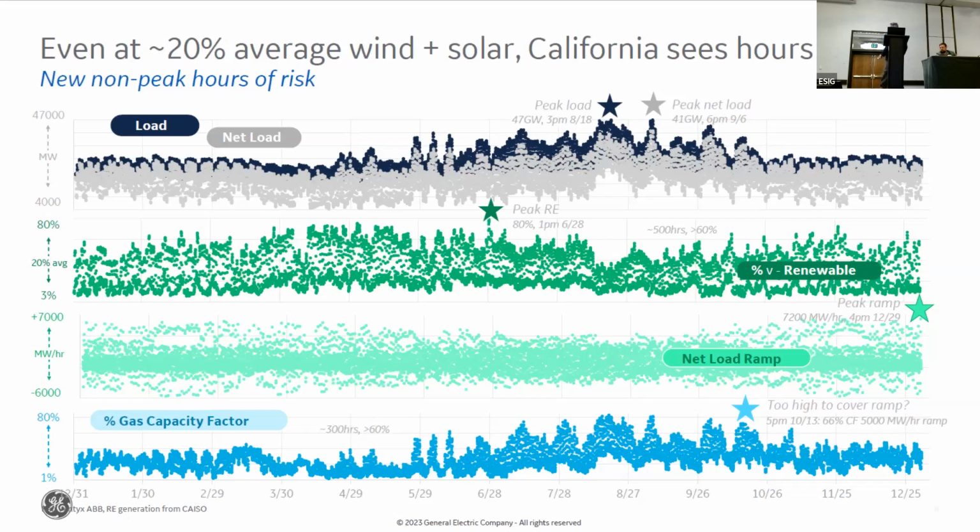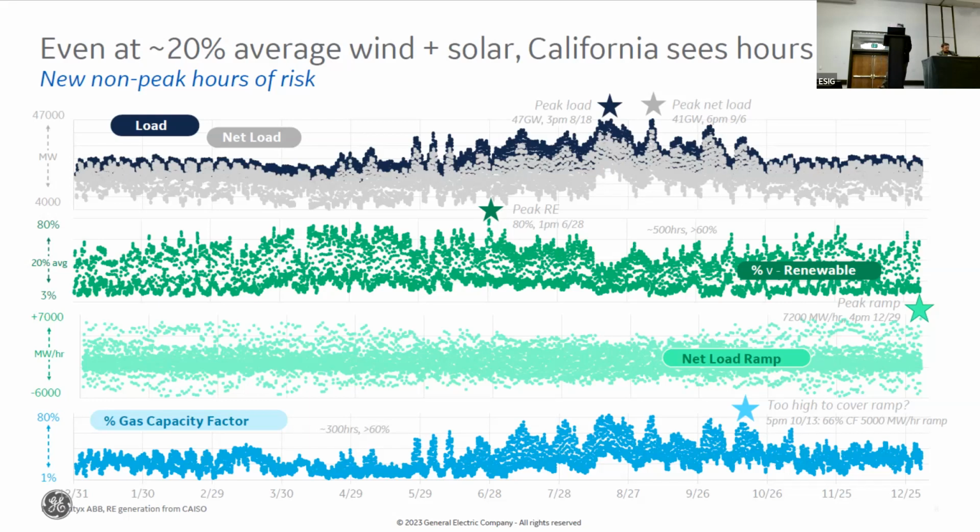But as you note in the second graph, and it's a little bit busy, I apologize. In the second, the green portion of the graph, you'll see that's the renewable generation and the variability that adds. And you'll see that the peak RE doesn't coincide at all with the peak load.